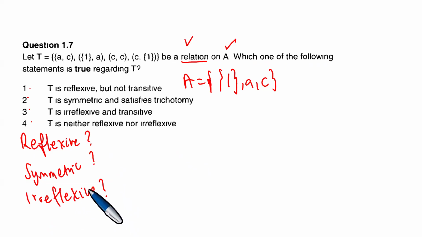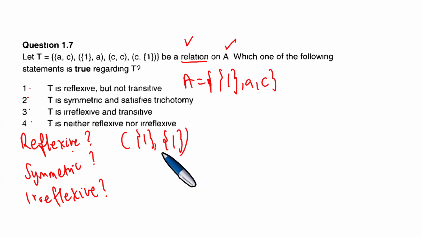Now let us see what is the case. If it is reflexive, every element must be related to itself. Let us check the singleton 1. Is it related to itself?